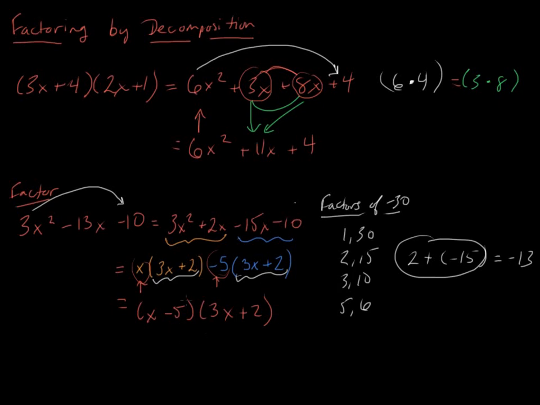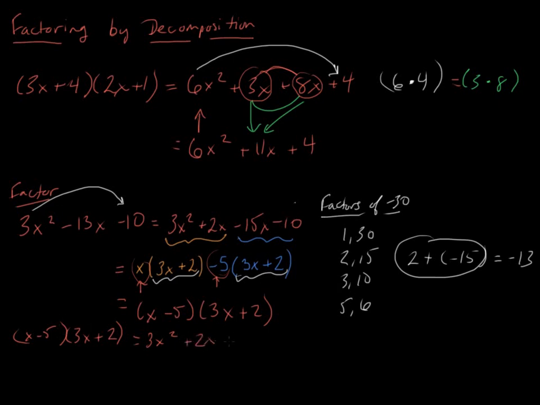Now, we can go ahead and check our answer by expanding it. I'll see if I have enough space here. So if I go x minus 5 times 3x plus 2, that equals, well, x times 3x is 3x squared. X times plus 2 is 2x.